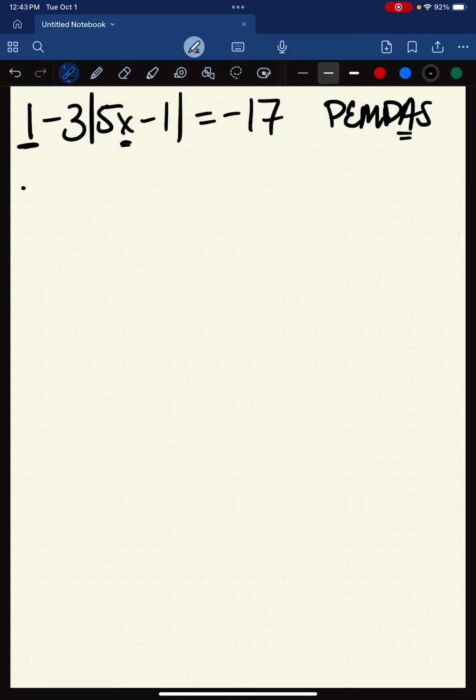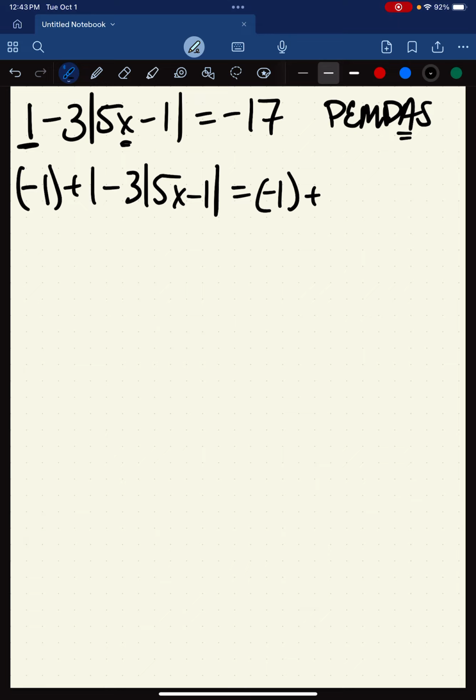And the way we do that is by adding negative 1 to both sides. Minus 3 times the absolute value of 5x minus 1 is going to be negative 1 plus negative 17. And note that this is a 1 and not an absolute value.